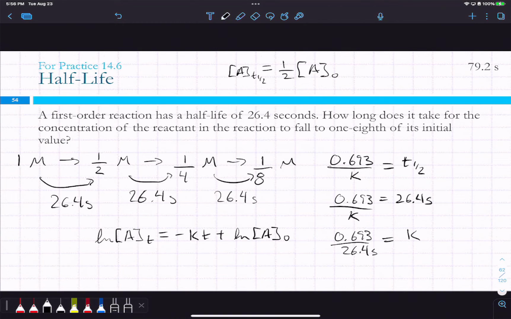But for this question, we want to know what 1/8 is. So instead of asking at 1 half-life, how long, so it's just going to be t now, will it take us to get to not 1/2, but 1/8 of A0. And then we'd have the natural log of 1/8.